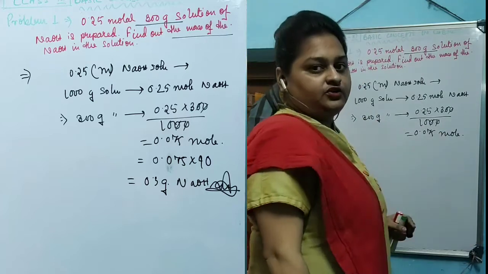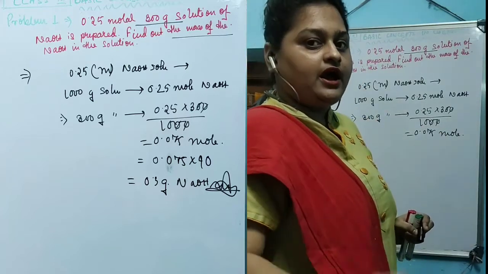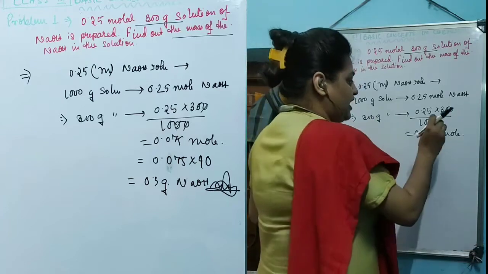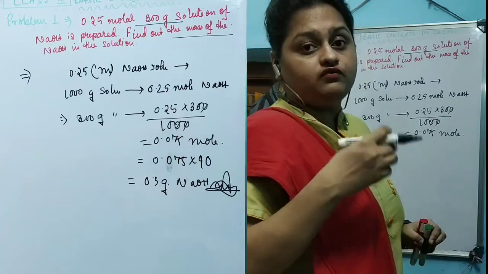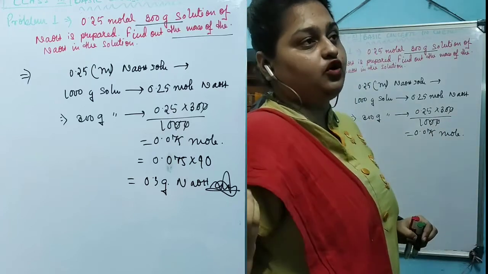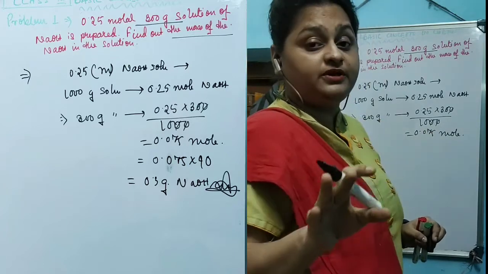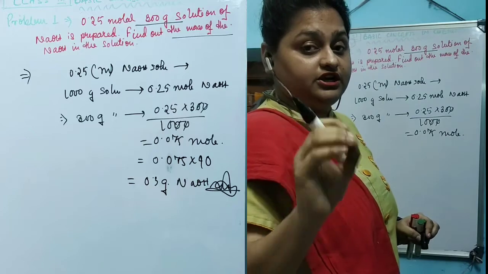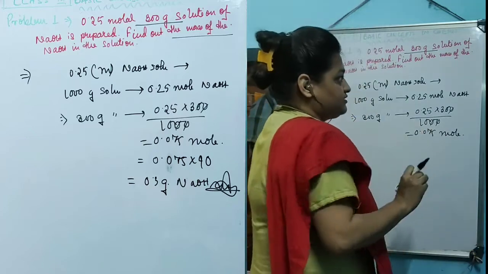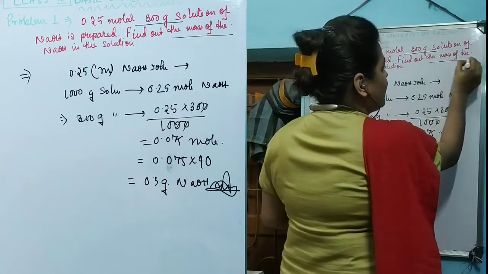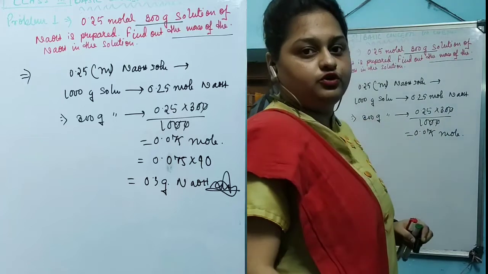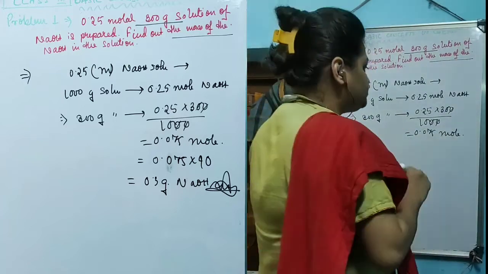Now this is the mole number of the NaOH present in 300 gram of the solution, the actual amount of the NaOH. If they had not asked for a specific form, you could calculate it in the form of mole number or in the form of mass, and there would be no deduction of marks. But they have asked for the mass, so you have to convert this mole number into the mass of the NaOH.